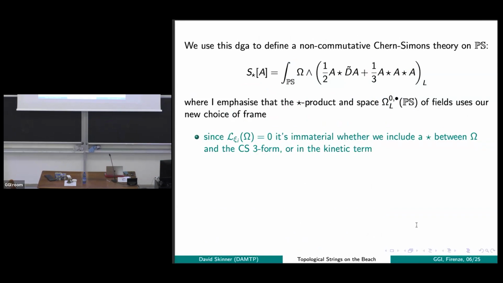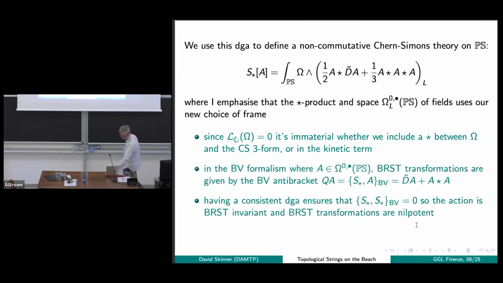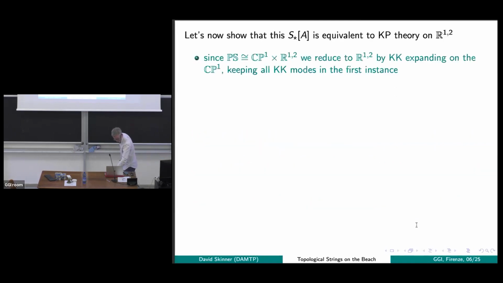I put this subscript L here to emphasize that I'm using this new frame, these new sets of vectors to define my star product, and a new set of naught-1 forms to expand my field. And that is perfectly sensible as a Chern-Simons theory. All those things just say it's perfectly well defined, it's gauge invariant, everything that you'd want it to obey, it does obey.